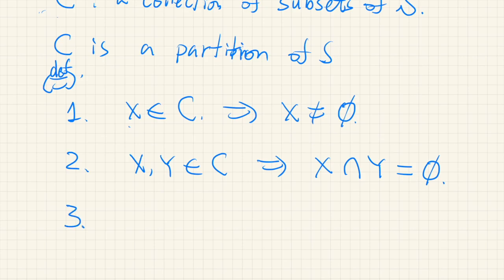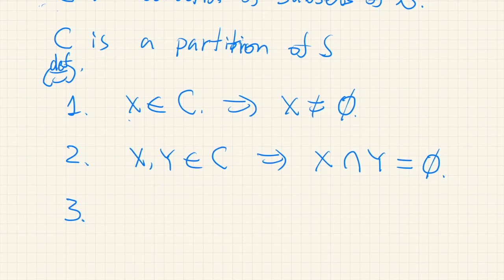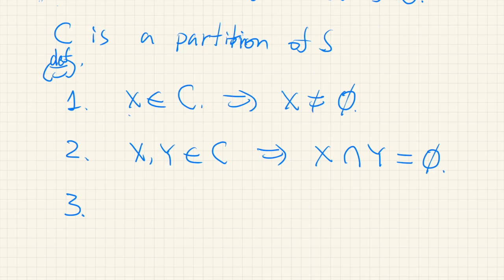And three, the union of all elements of C is equal to S itself. So let's say C is equal to x1, x2.